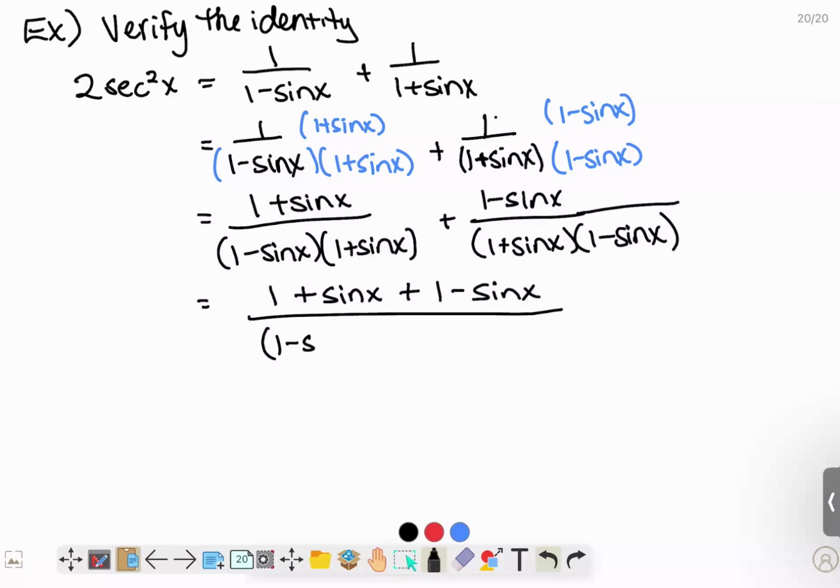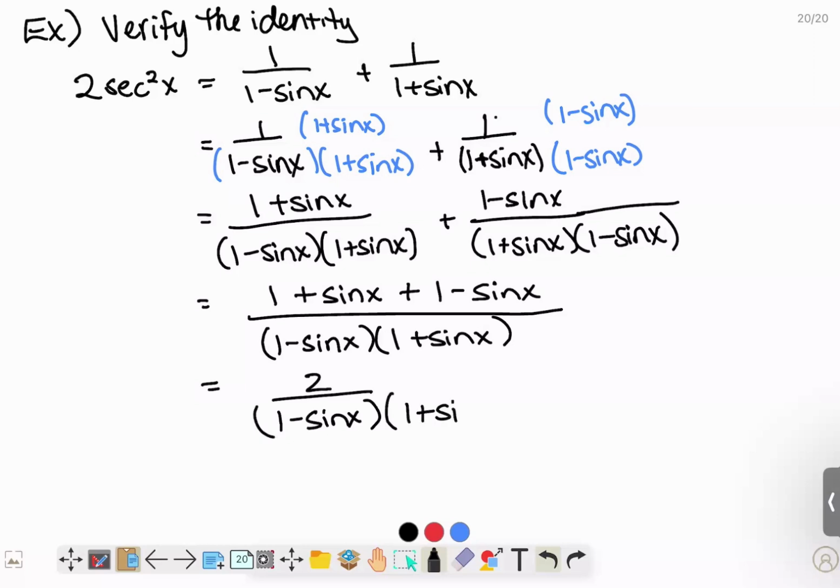But we're adding, so I'm not too worried about it. Now I'm going to see, can I simplify or combine like terms in the numerator? And I can. I've got these two ones, I can add them together, I get 2. I have 2 sines, I can add them together, but one's positive, one's negative, so they add up to 0. So I just have 2 over 1 minus sine x times 1 plus sine x.